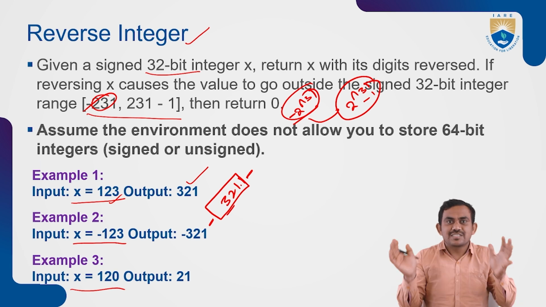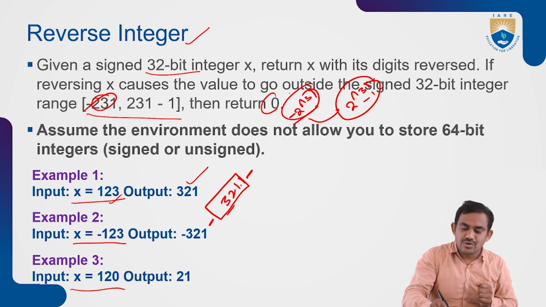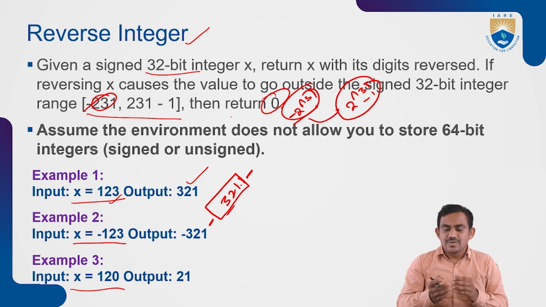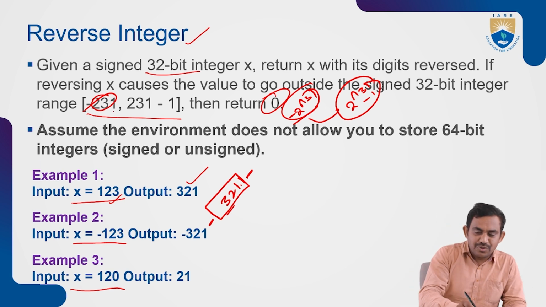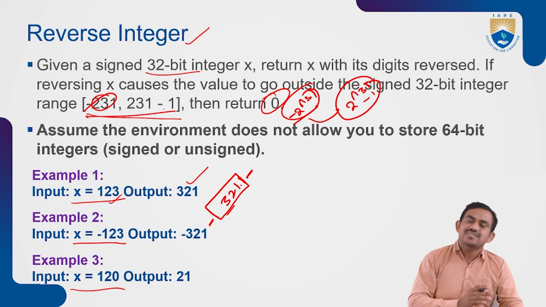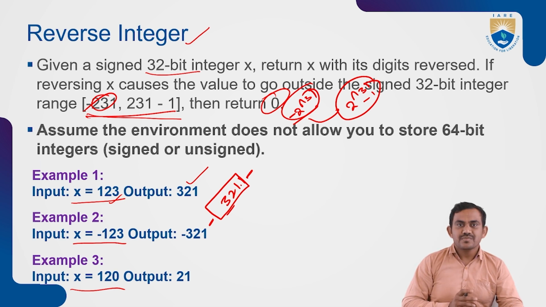Otherwise, beyond this range, return 0. So your number needs to be within this range, otherwise return 0. This is the small condition he added.